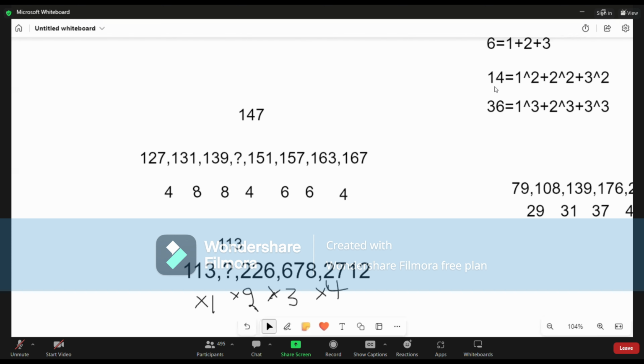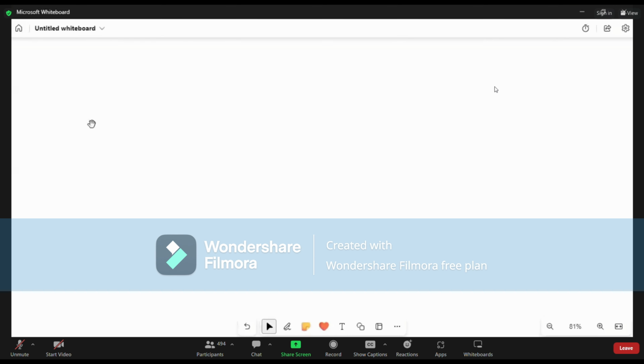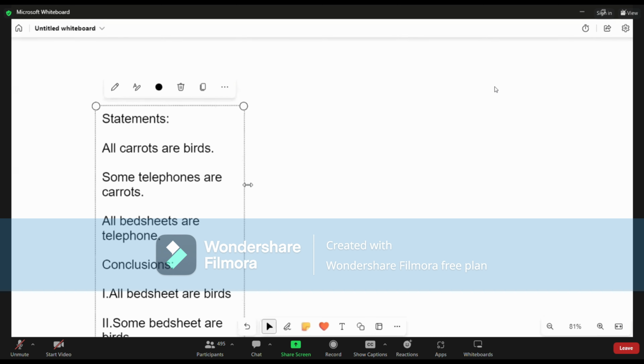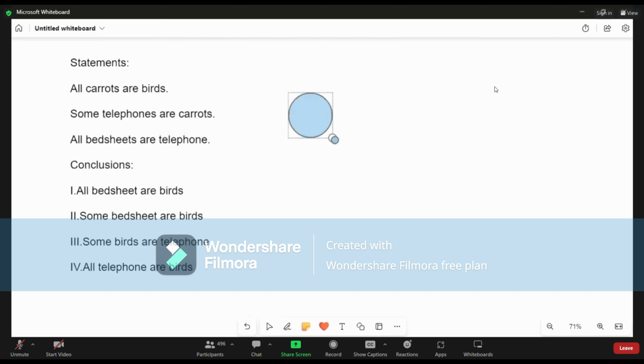Okay, there is one more question that is asked regarding syllogisms. Let's try. Okay, so let's start with the primary diagram first. That is given that all carrots are birds.